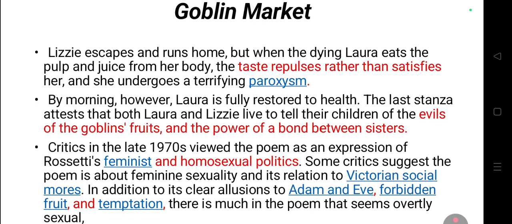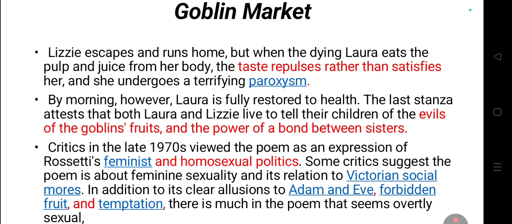She undergoes a terrifying paroxysm. What is paroxysm? Paroxysm suggests the symptoms one has when someone is suffering with some disease or some sort of illness. They show some symptoms.